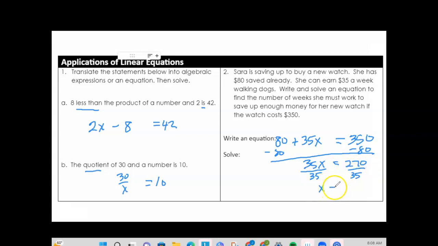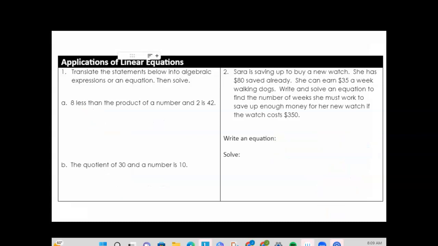So we get x equals, and if you divide that, you get 7.7, which is a fine answer, but it doesn't make a whole lot of sense because you can't work 7.7 weeks. So maybe a better answer would be 8 weeks. We need to probably round up so that we get a whole number answer for the number of weeks. All right, let's keep going.